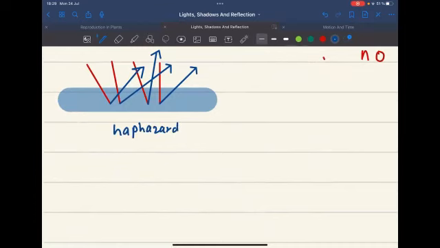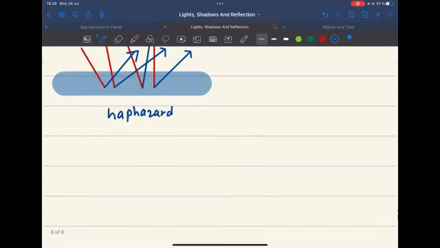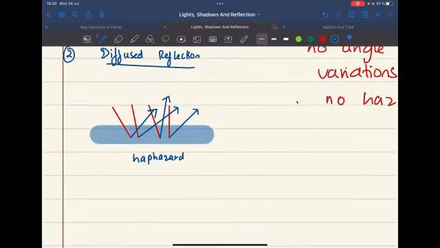For rough surfaces, rays incident at slightly different points on the surface are reflected in completely different directions. This type of reflection is called diffuse reflection, and it is what enables us to see non-shiny objects. Okay, I made one mistake over here. Always remember, the incident light will never change.